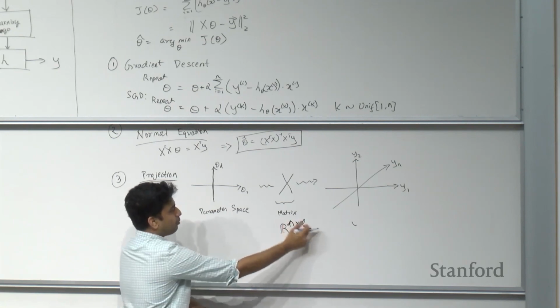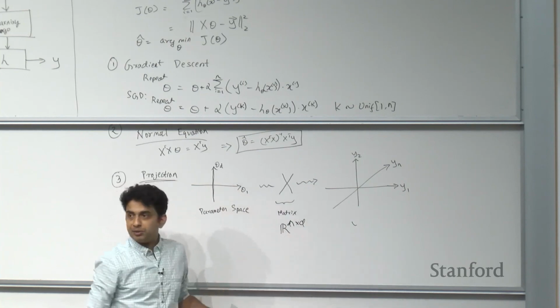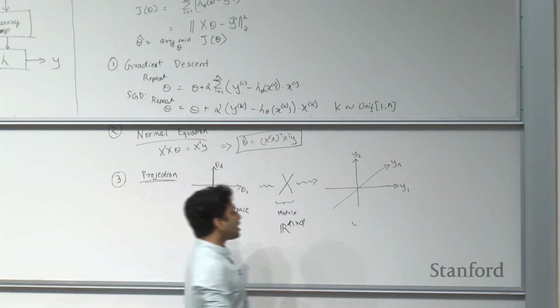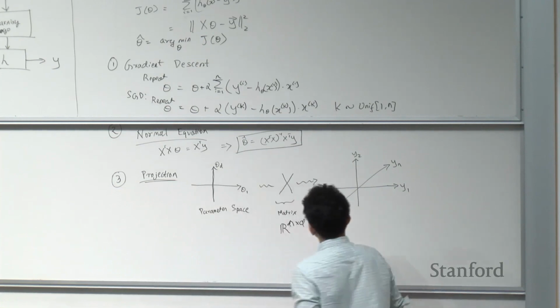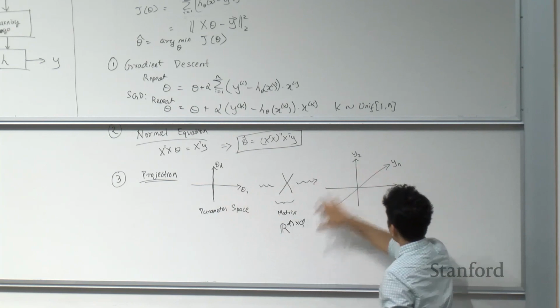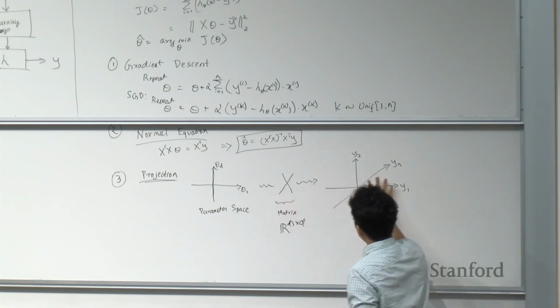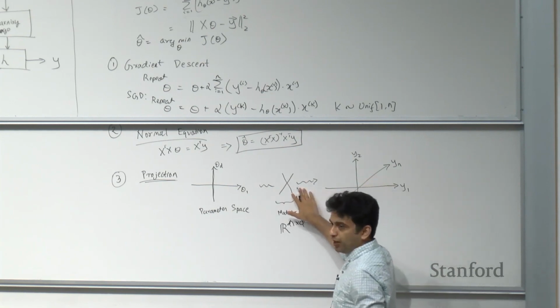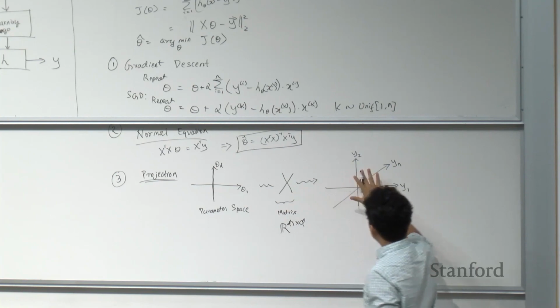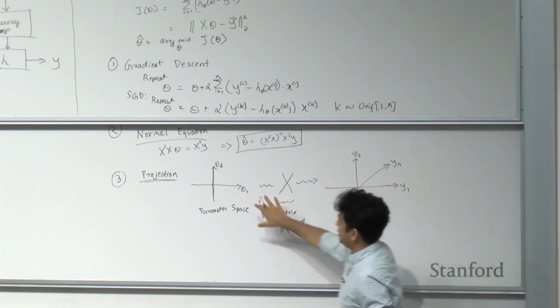It takes as input something in d dimensions and produces output in n dimensions. Because this d-dimensional space is getting mapped to an n-dimensional space, where we expect d to be smaller than n, the column space or the range of X is going to be a subspace of the entire output space, where the subspace has dimension d.